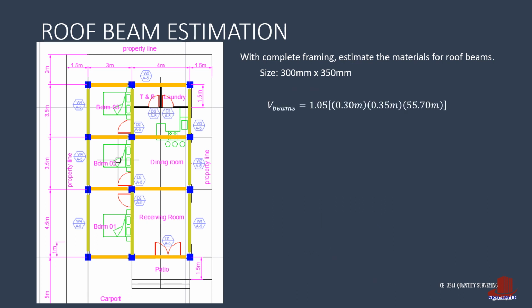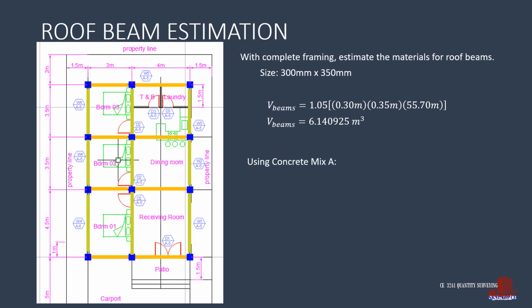Now compute for the volume of the beams, adding the 5% wastage allowance. The volume is then 1.05 times the size of 0.3 by 0.35 meter with a total length of 55.7 meters, which results to 6.140925 cubic meters.